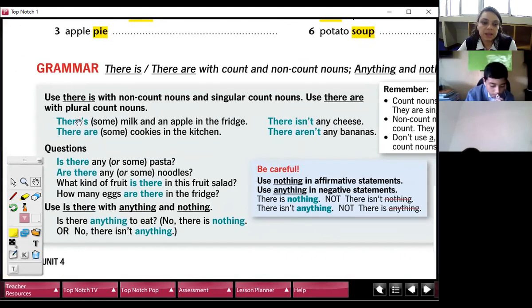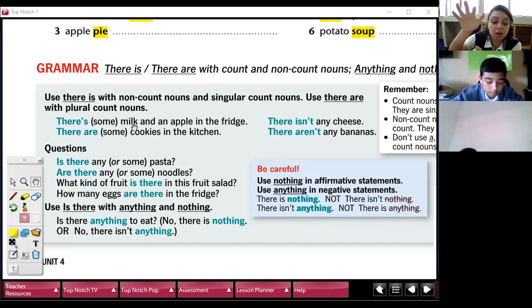For example, there's some milk and an apple in the fridge. There is milk. Why? Because we cannot count the milk. We have a bottle of milk, which is one bottle of milk; those are things that you cannot count. Because it's a bottle of milk.